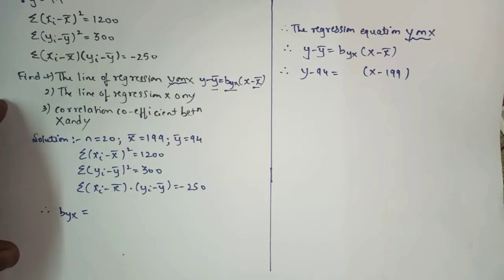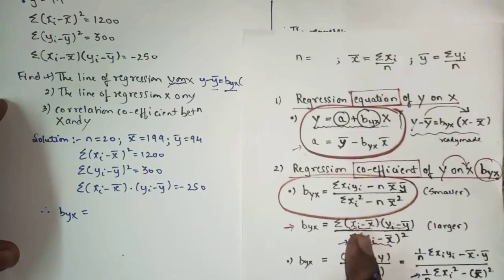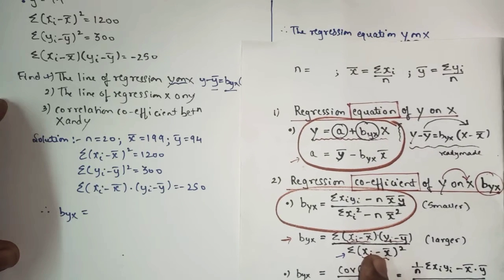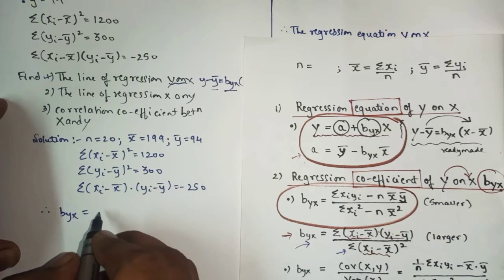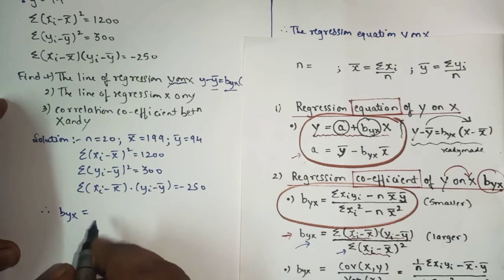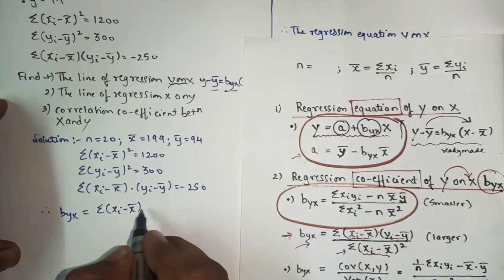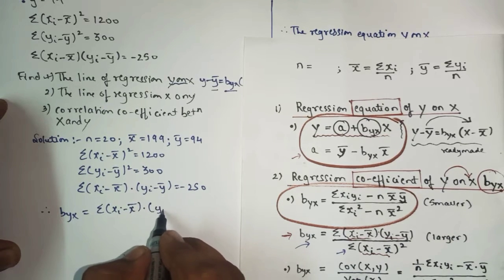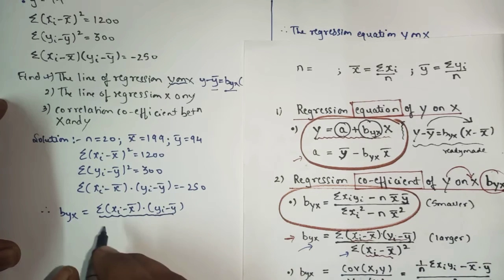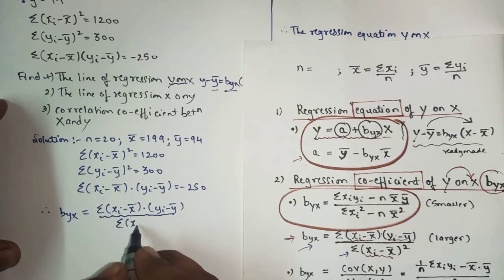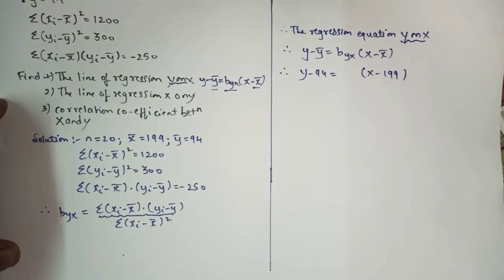According to the given condition, we have to apply the second formula. Yes or no? This one. The formula for y on x is total of (xi minus x mean)(yi minus y mean) upon total of (xi minus x mean) the whole square. Yes or no?